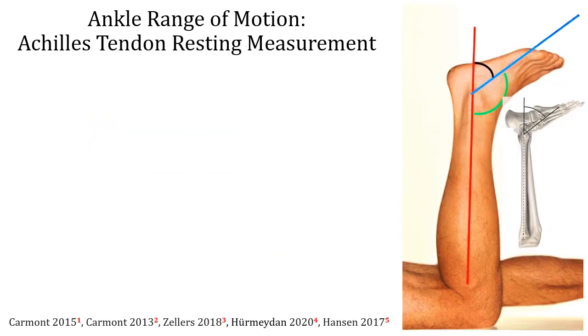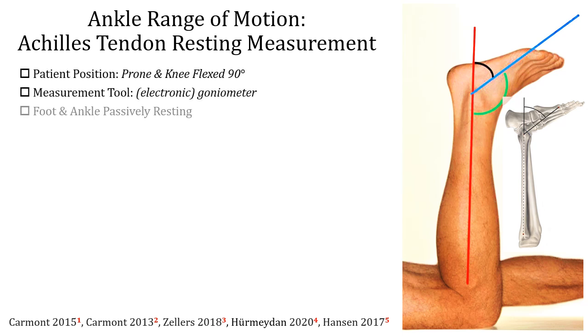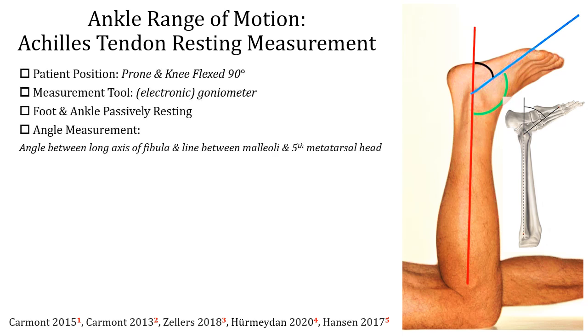So I gave a brief introduction on how to actually assess the Achilles tendon resting angle. I'm going to go through it bullet point by bullet point and talk about the normative data. Again, they're in prone, their knee is flexed to 90 degrees with a plumb line, with the long axis of the lower shank at true vertical, and the goniometer set up as shown with the fulcrum at the tip of the lateral malleolus, and the distal arm going through the distal end of the 5th metatarsal.